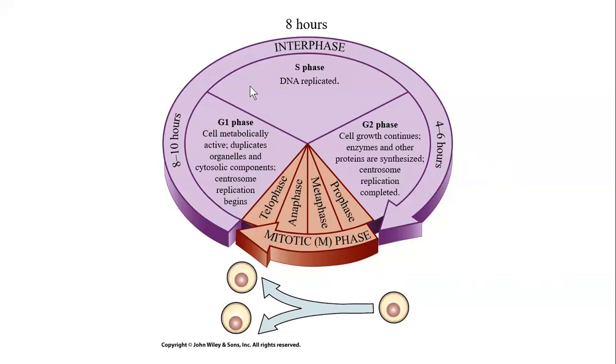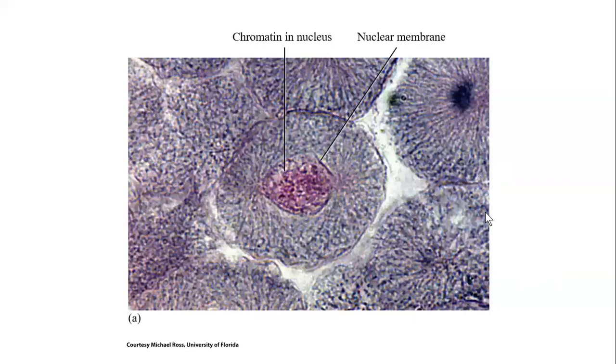We're going to say a few words about these phases in connection with the microscopic appearance of the cell. So let's start with a cell that is preparing for cell division. The cell that you see here is in interphase. Now, interphase cell has to duplicate the DNA, has to duplicate cellular organelles.